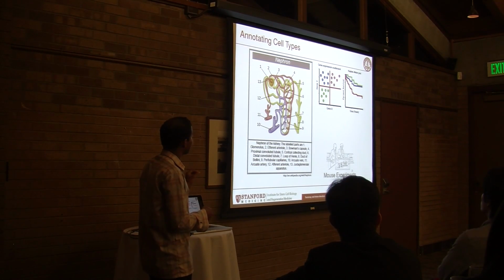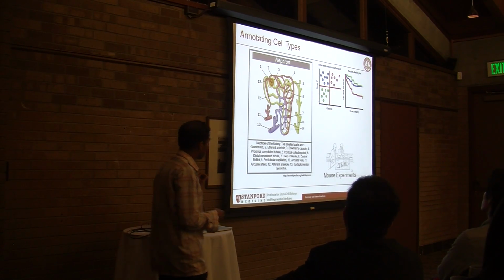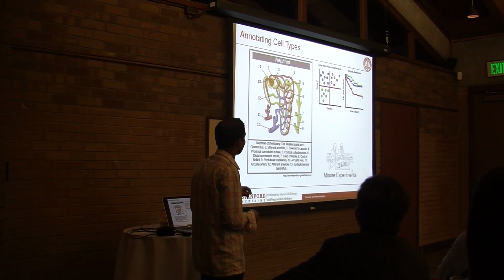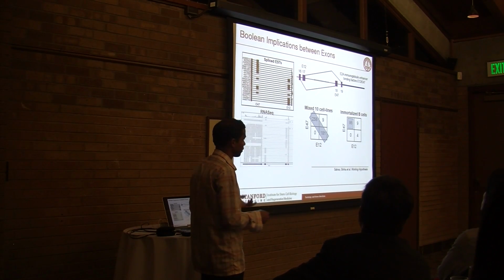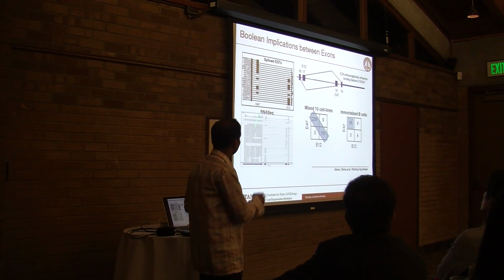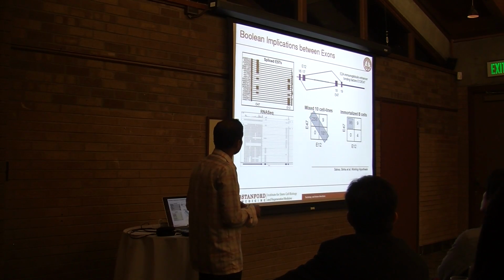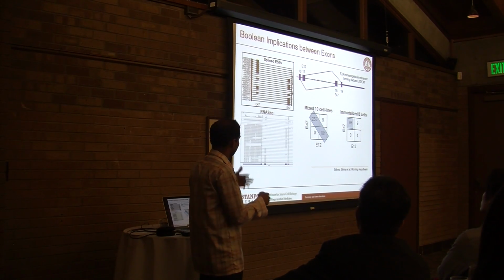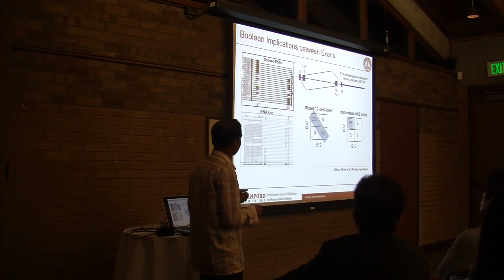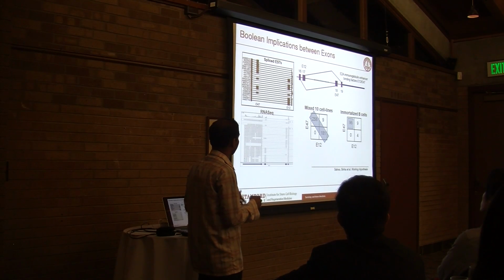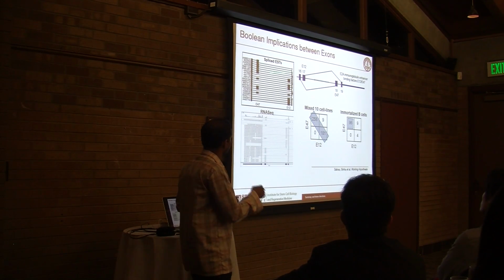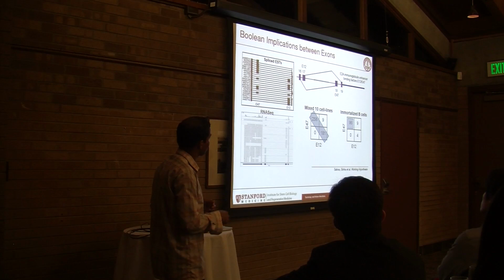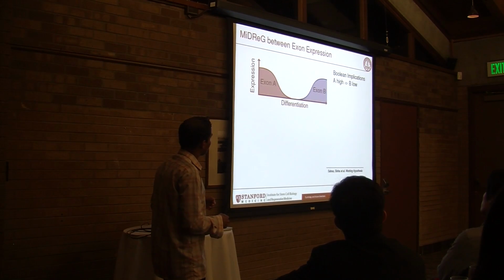And not necessarily only in this kind of setting, you could also look at other data types. In this case, these are other kinds of sequencing data where you can use Boolean logic to understand the system better, some of the variations within, in this case, the exon expressions.